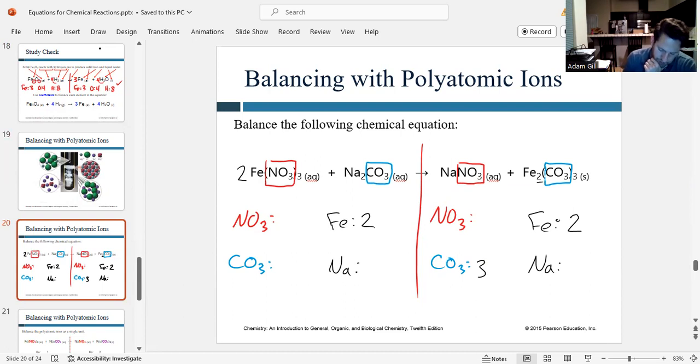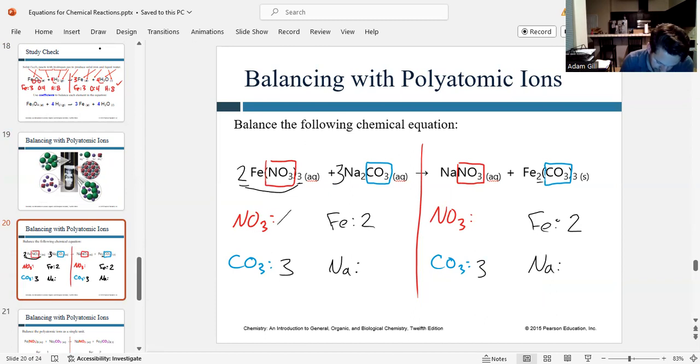Now, for carbonate, on the right side, we had 3 CO3s. On the left side here, there's only 1. So I need to stick a coefficient of 3 to make sure I get the 3 carbonates. Now let's look at nitrate. I have 3 nitrates in the compound, but I have 2 of that compound.